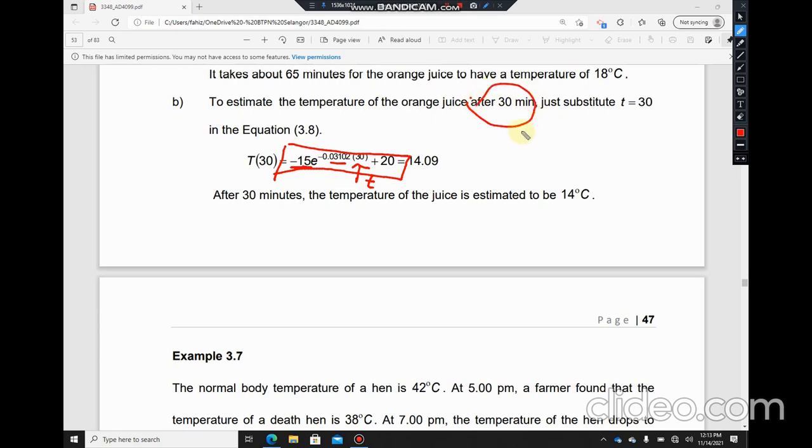So T equals 30, and you calculate here, you get 14.09. So after 30 minutes, the temperature of the juice is estimated to be 14.09 degrees Celsius. Kalau awak nak bundarkan pun boleh, 14 degrees Celsius. So this one for example 3.6.